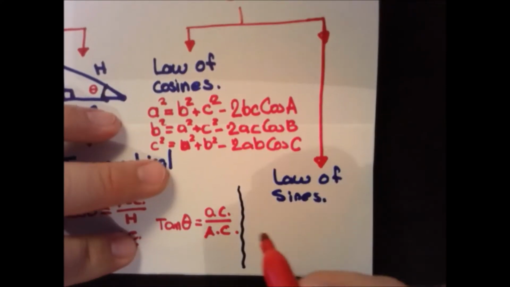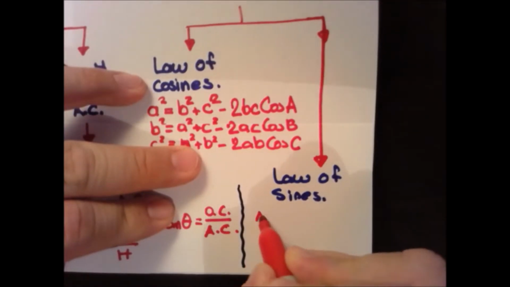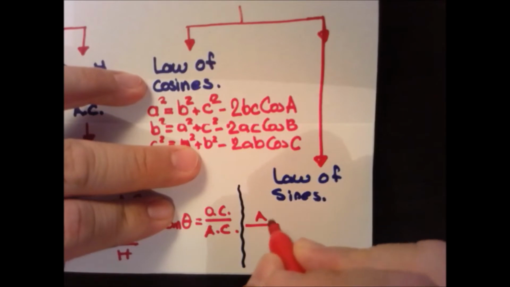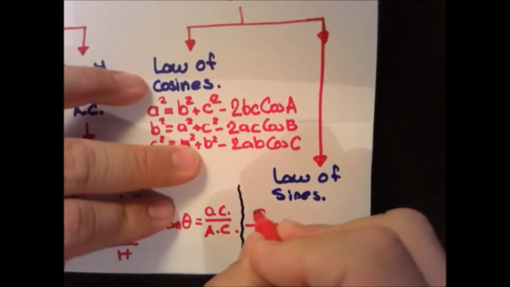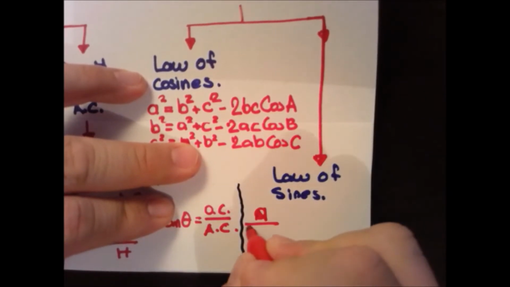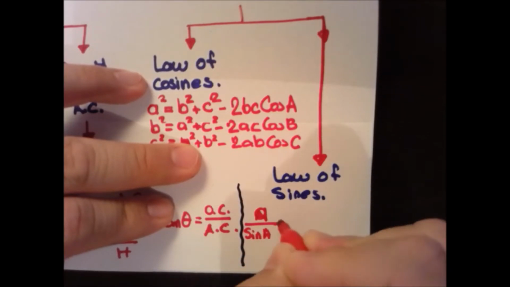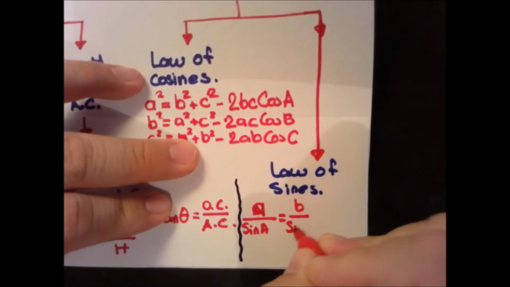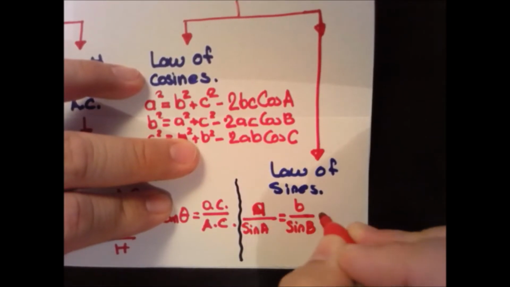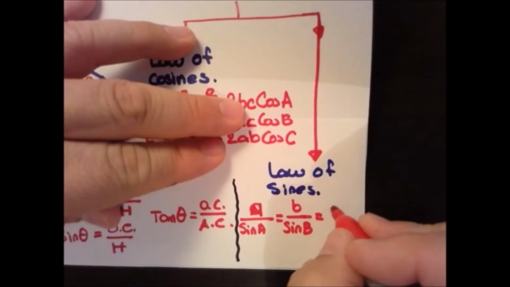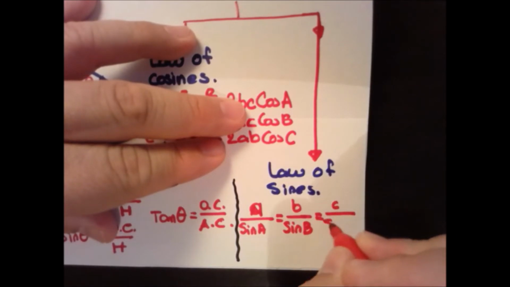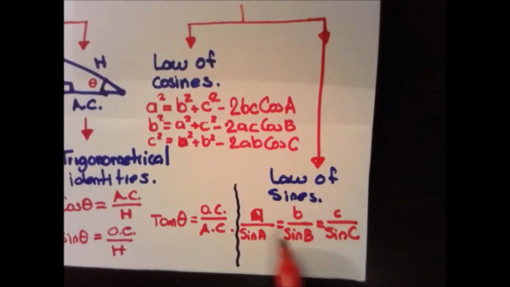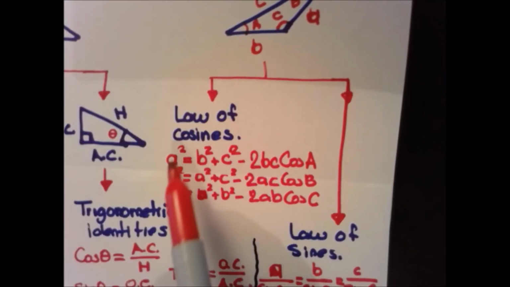For example, a over sine of A is proportional to b over sine of B, which at the same time is proportional to c over sine of C. Okay, this is the law of sines and this is the law of cosines.